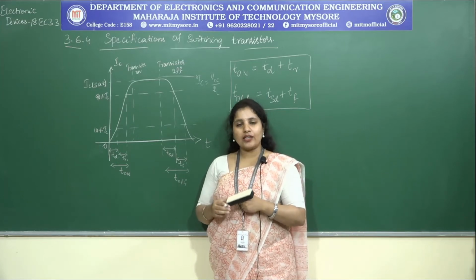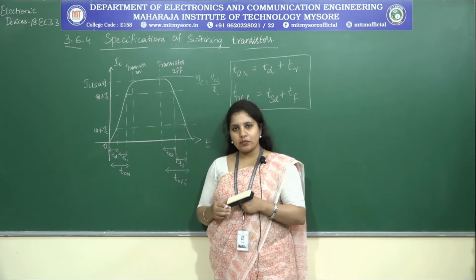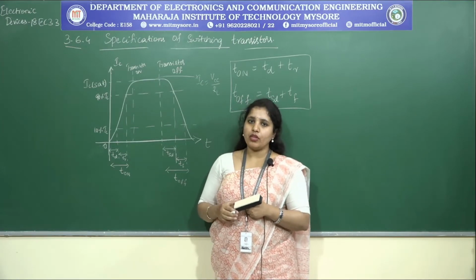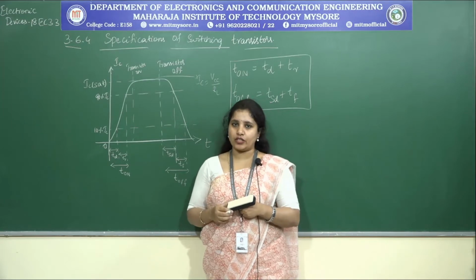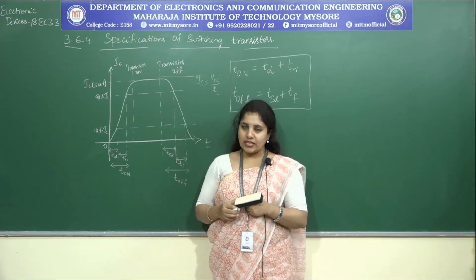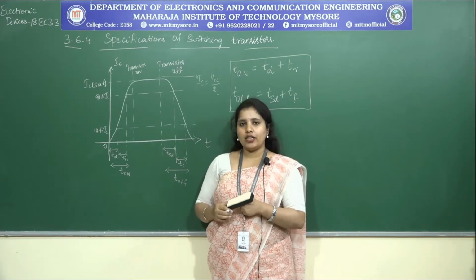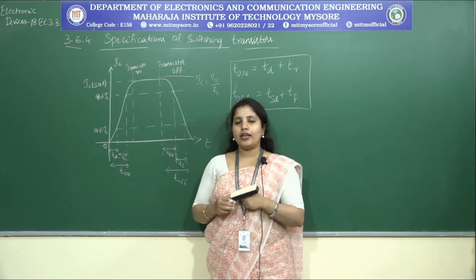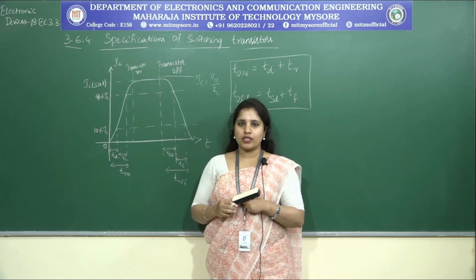Now we'll try to understand what are the different second order effects that come into picture when I consider a BJT, and how they impact the performance of the BJT. There are many second order or secondary effects seen in the BJTs, but in the syllabus we are only interested in 3 of them, and that's what we'll discuss in today's session.